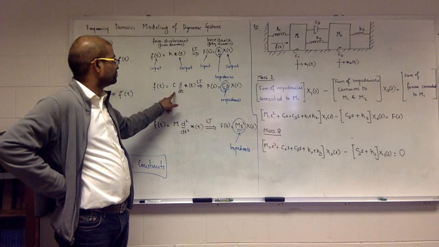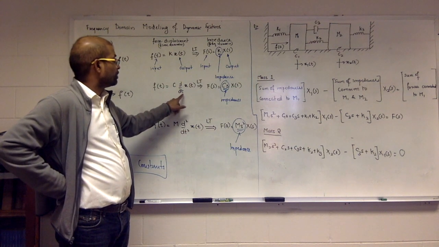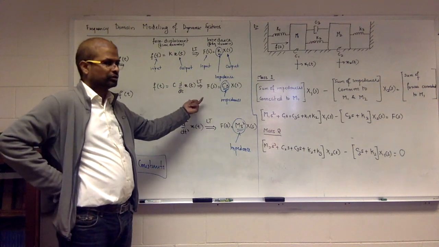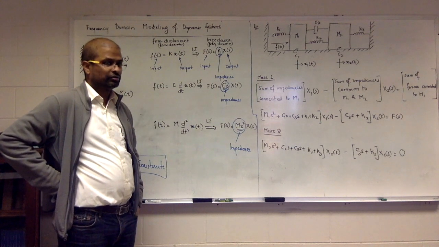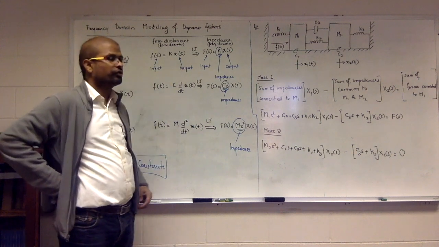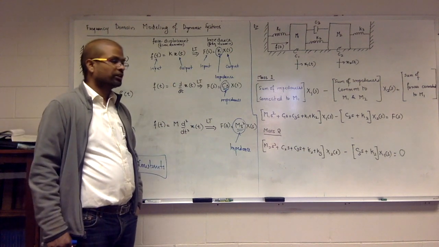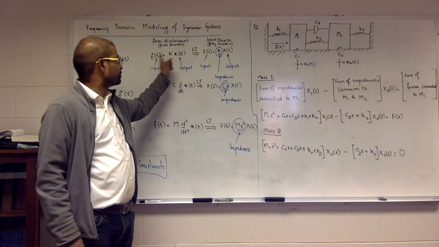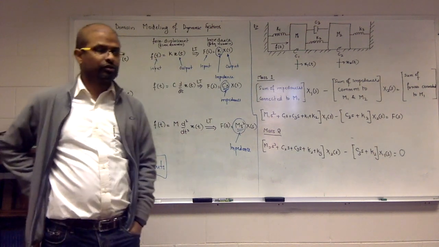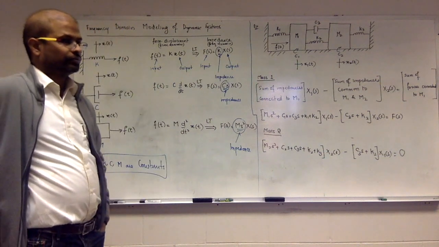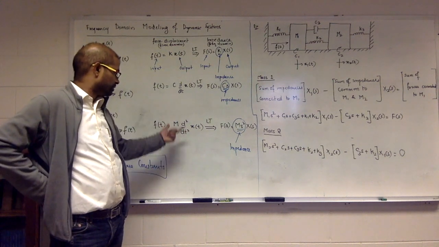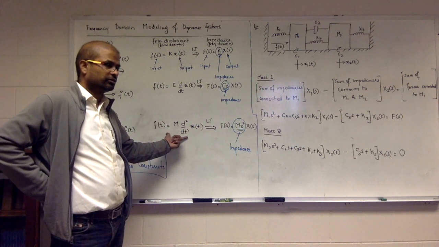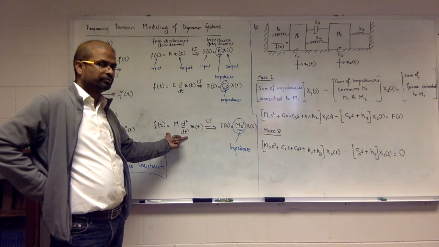The velocity with which you push a damper will determine how much force it will apply. It is not the displacement. For the spring, the displacement is purely a function of force, or force is purely a function of displacement. Here it's a function of velocity. This is Newton's law essentially. You got it?